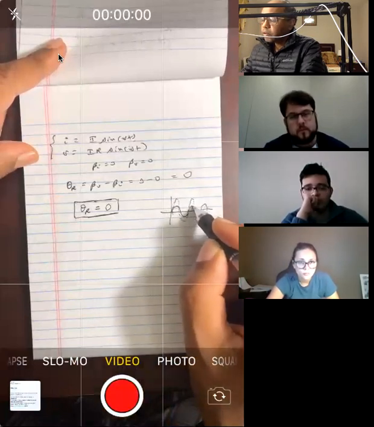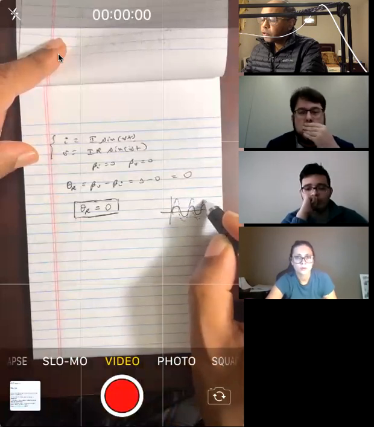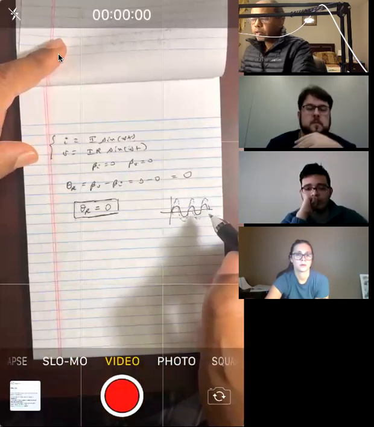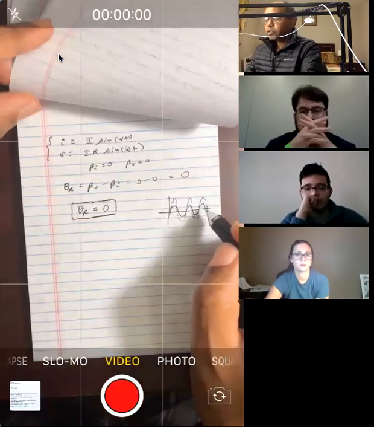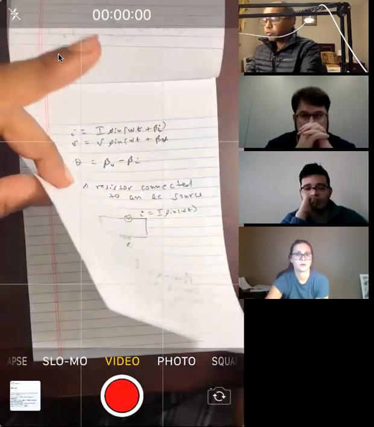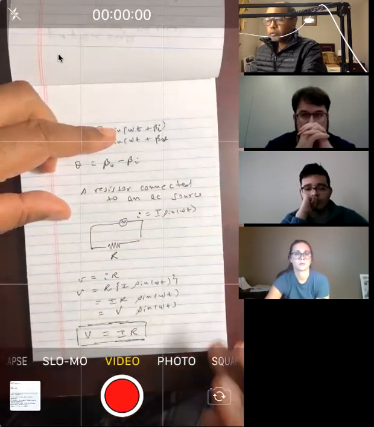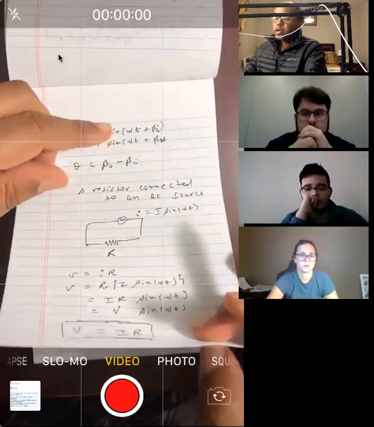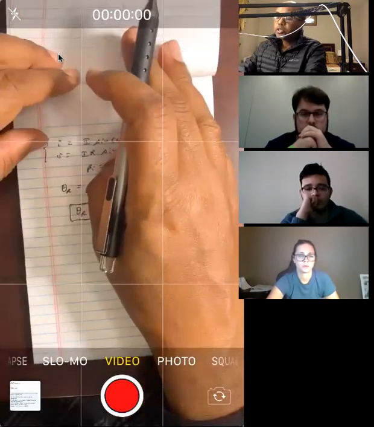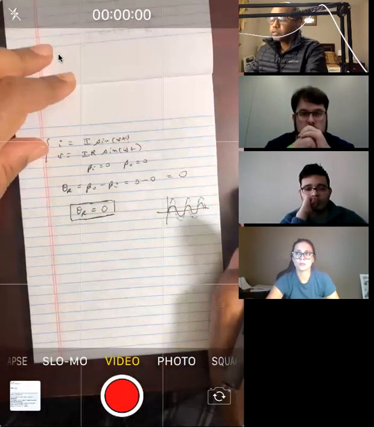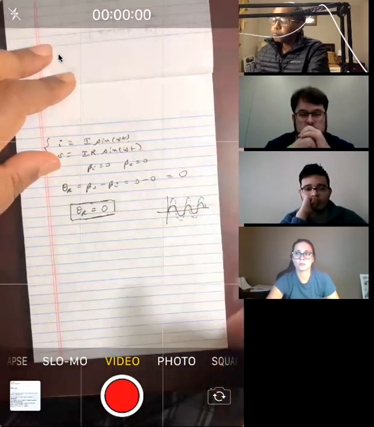They are in phase. They don't have a phase shift. Their maximums match and their minimums match. So these are two important conclusions for the resistor. One is that Ohm's law applies for the amplitudes: the amplitude of the voltage equals the amplitude of the current times resistance. And the other is that the voltage and the current are in phase. The phase shift between voltage and current is 0.